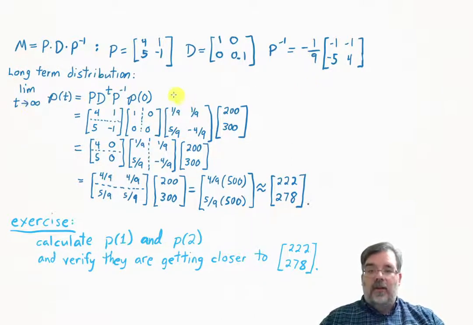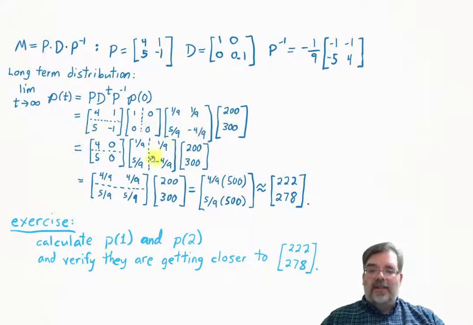To calculate the long-term distribution, again we need to calculate this product, and just like before, D to the tth power is the matrix 1, 0, 0, 0 as t goes towards infinity. Because 1 to any power is 1, and a small number to a large power approaches 0.